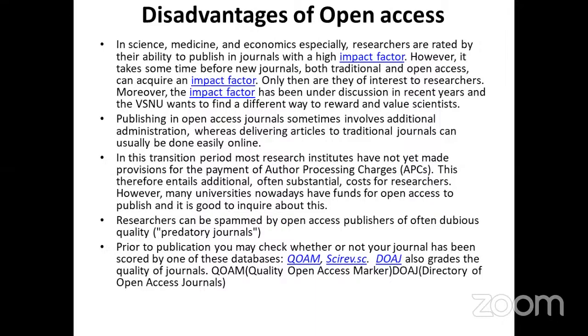For maintaining the quality, they were using an impact factor. Impact factor is a measurement reflecting the average number of citations of recent articles published in a particular academic journal.